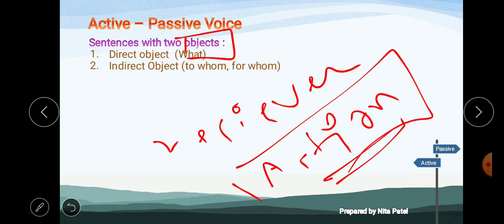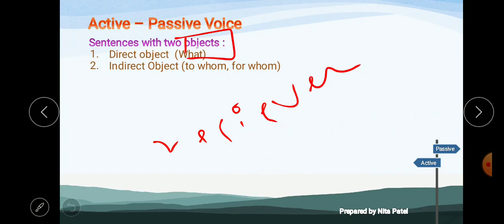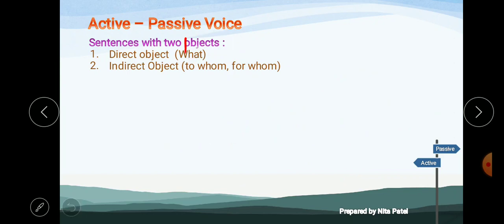If someone does an action, that means he is the subject. He, she, or they are the subject. If someone receives the action, then it is the object. Now there are two objects, direct object and indirect object. If the object receives the action directly, that means it is the direct object. If they receive indirectly, that means they are the indirect object.